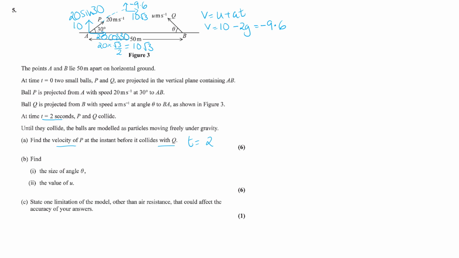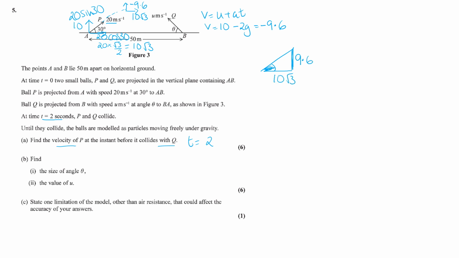Now it's asking for the velocity, which is going to be the vector, so we can give it as those component forms, but when you're doing projectiles it gives you the vectors as the speed and the angle. So we can do that because at 2 seconds later we can make a triangle and try and find that angle. Now even though that says minus 9.6, the size on this triangle is just 9.6, and then we've got our 10 root 3.